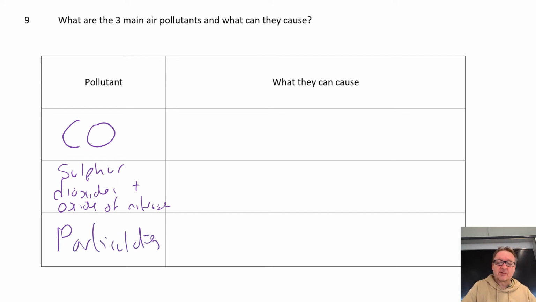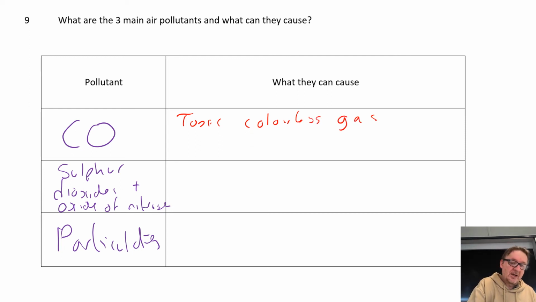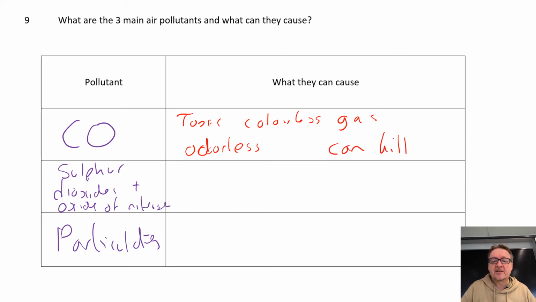Right, so carbon monoxide is a toxic, colourless gas. It is also odourless. And they sometimes call it the silent killer, right? Because if you're breathing in too much carbon monoxide, it takes the place of the oxygen in your blood, right? And eventually it can kill you, right? And that is an air pollutant.